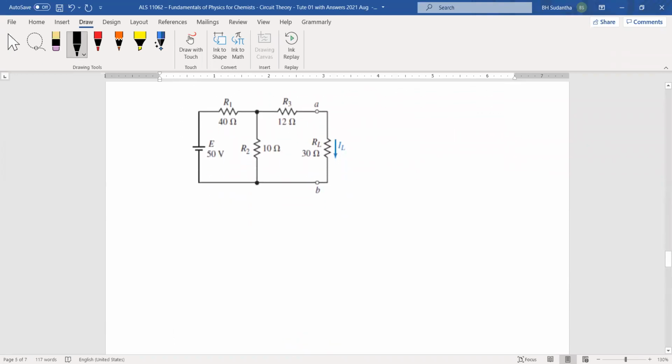Okay, what we have to do first, we have to identify the component to be removed. It's very clear that we have to calculate the current going through this RL resistor. Then this is the component we have to remove. Okay, then these 2 points.